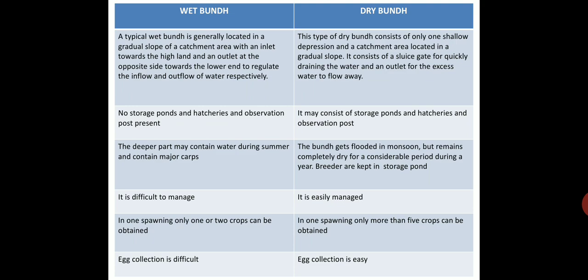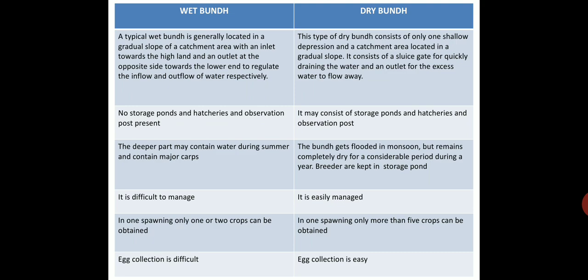Second one: in the wet bund or wet pond, no storage ponds for the stocking of fishes, hatcheries and observation posts are present. Here in the dry bund, it may consist of storage ponds, hatcheries and observation posts. It is required in the case of dry bund.